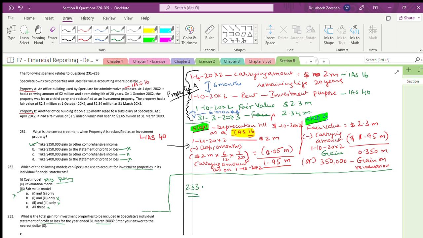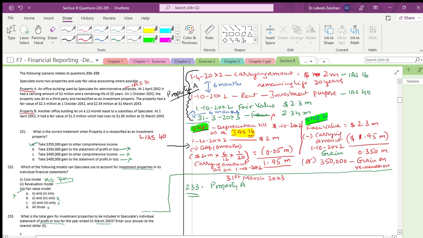Next, first we have to take property A. We are doing it on 31st March 2003. Wherever there is a doubt, just stop me.